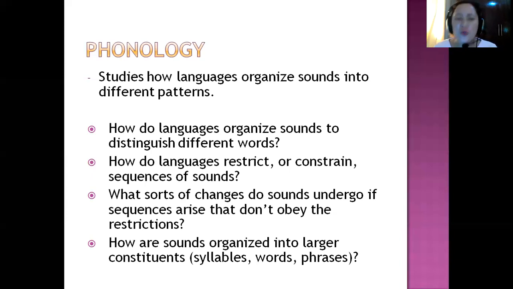Or what sorts of changes or alterations do sounds undergo if sequences arise that don't obey the restrictions? Or how are sounds organized into larger constituents like syllables, words, or phrases?